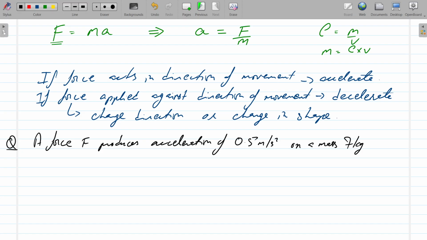It's pretty simple. Calculate F, so calculate the force.